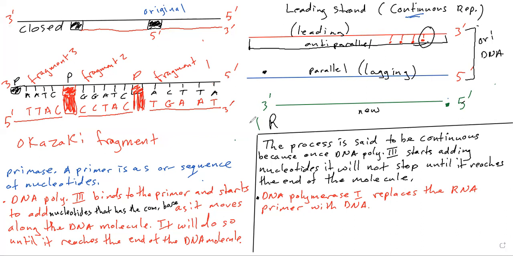All right. So the only thing that needs to happen now is that DNA polymerase 1 will come in, remove the primer, right? And fill it with DNA.